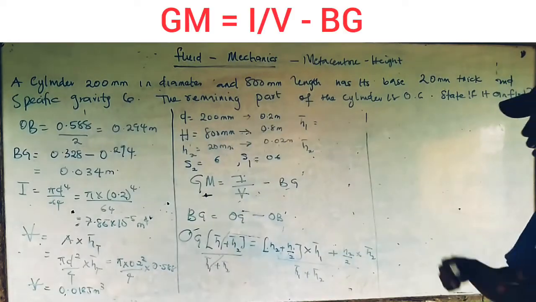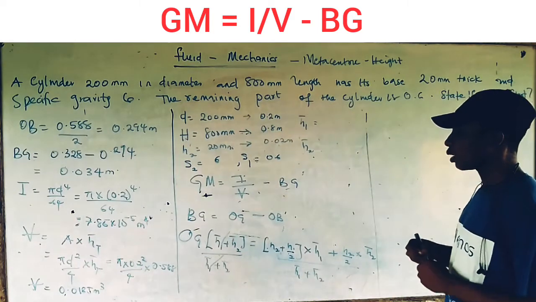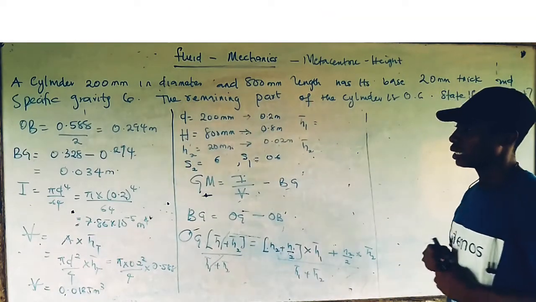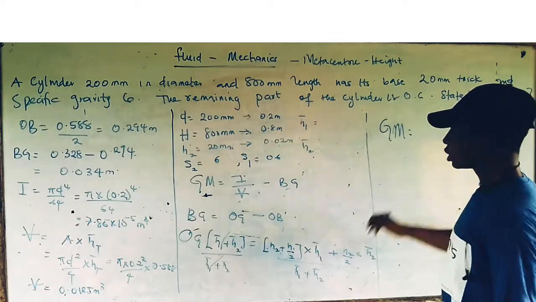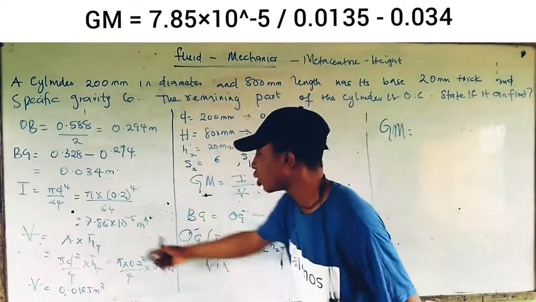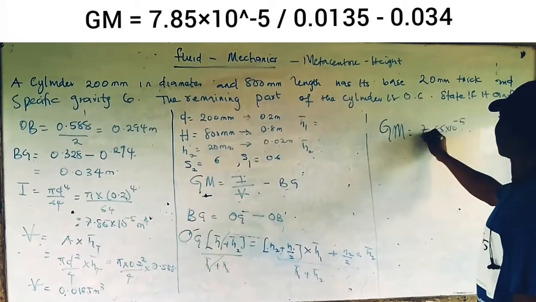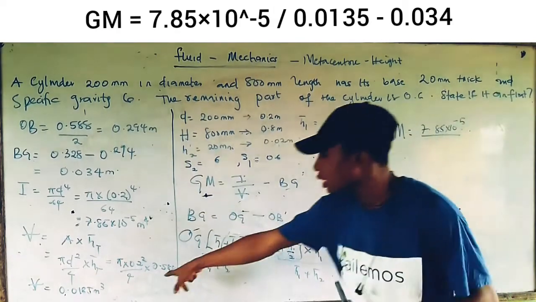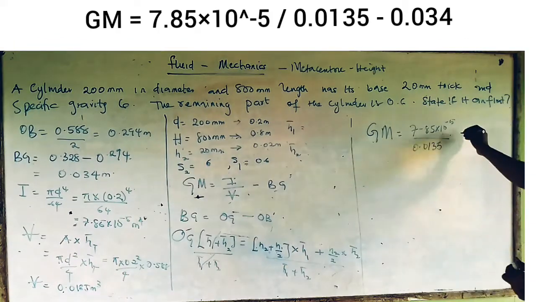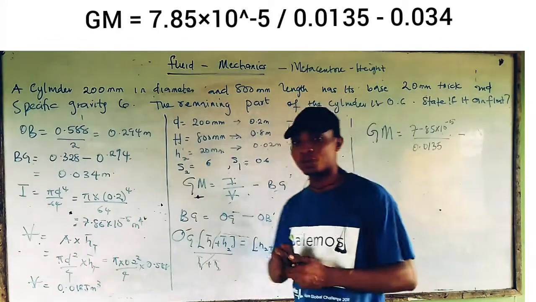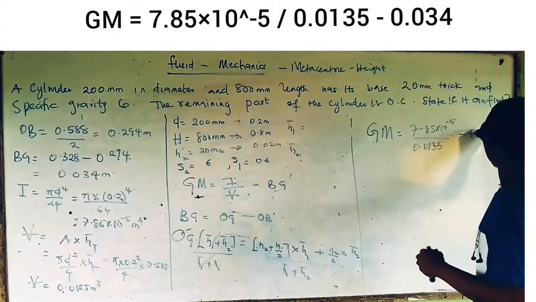Now to calculate the metacentric height, we need this and this, and we've gotten all of them. So let's include our values to calculate our metacentric height. Our metacentric height GM is equal to I, the moment of inertia, which we got as 7.85 times 10 raised to power minus 5, divided by the volume of water displaced, which is 0.0135, minus the distance between the center of buoyancy and center of gravity, which is 0.034 meters.